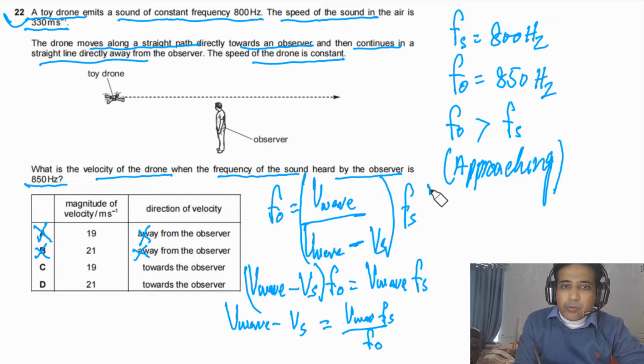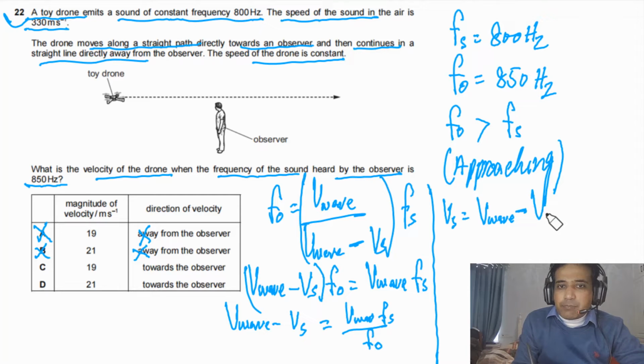So simply we can write down here the Vs. So Vs will be equal to V, the speed of the wave, minus the speed of the wave times Fs divided by F naught.